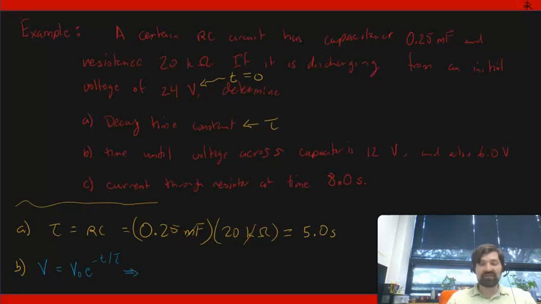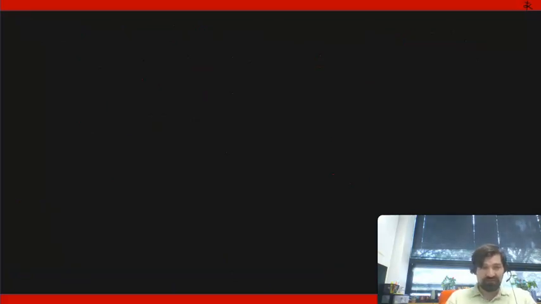What this implies is that V over V naught is equal to e to the negative t over tau, and hence negative t over tau is the natural log of V over V naught. To get rid of exponents, you take the natural log of both sides. And then you can plug in and solve for everything. So t is equal to negative tau ln V over V naught.